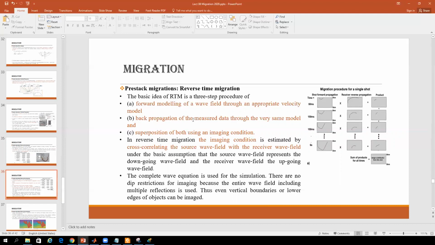So we do back propagation in time, and then the superposition of both using an imaging condition. What do we mean by the imaging condition? The imaging condition is nothing but the cross correlation of the source wave field and the receiver wave field, which are here. This one is the source wave field, and this one is the receiver wave field.